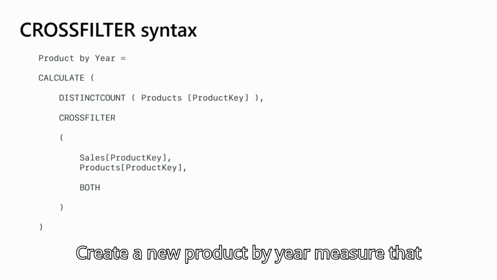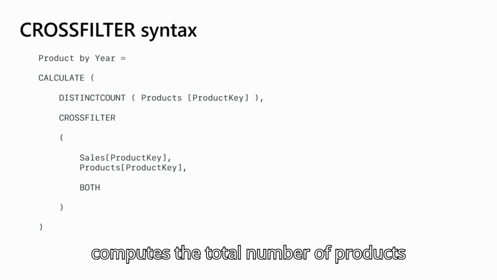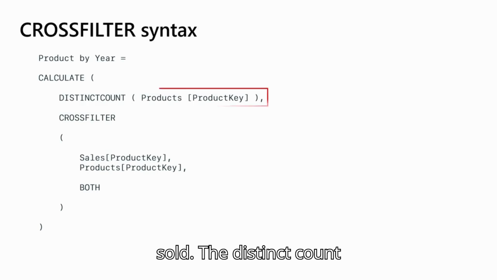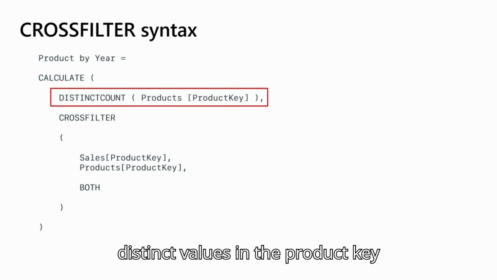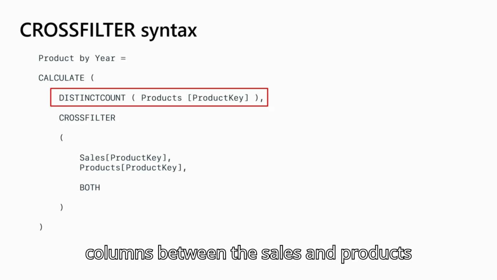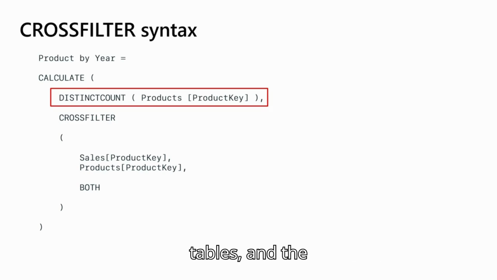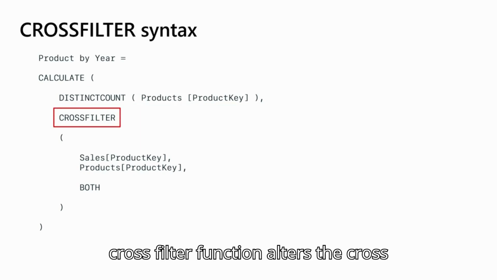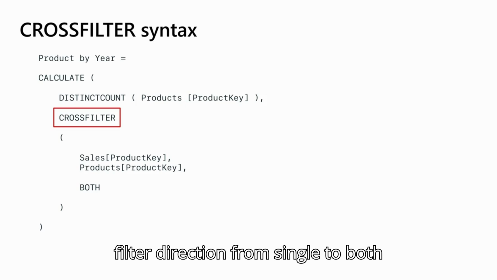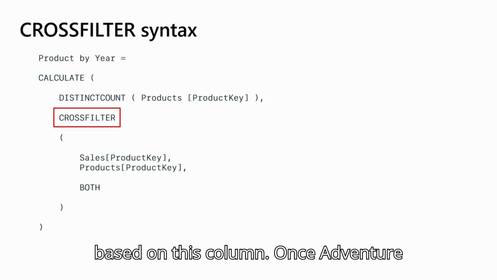Create a new product by year measure that computes the total number of products sold. The distinct count function calculates the number of distinct values in the product key columns between the sales and products tables. And the cross-filter function alters the cross-filter direction from single to both based on this column.